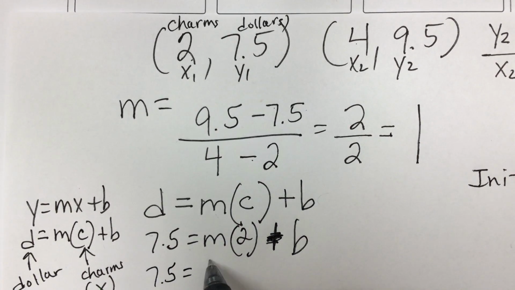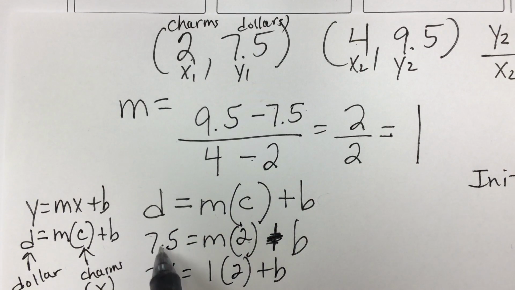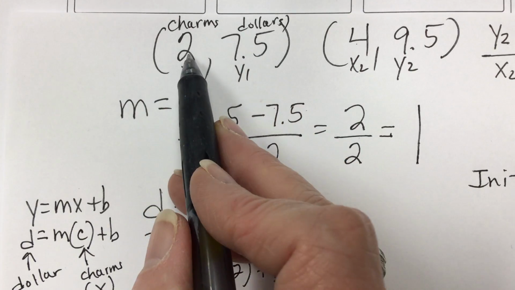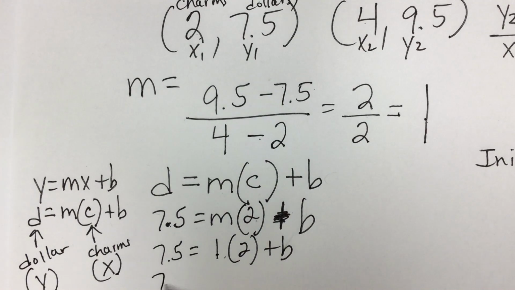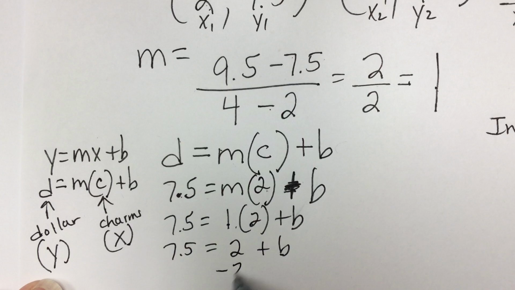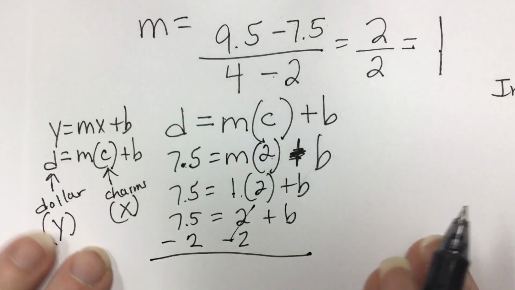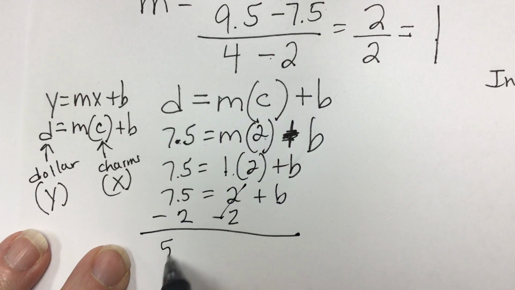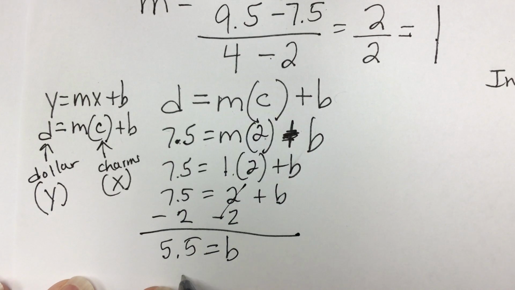So I plug in 1 times 2 plus B. I plugged in the D and the C first, and then my slope, because I know D, I know C, and I know M. So I have 7.5 equals 1 times 2, which is 2, plus B. Continue solving for B. Subtract 2 from both sides. The 2's cancel here. So 7.5 minus 2 is 5.5, equals B. So that is your initial value.